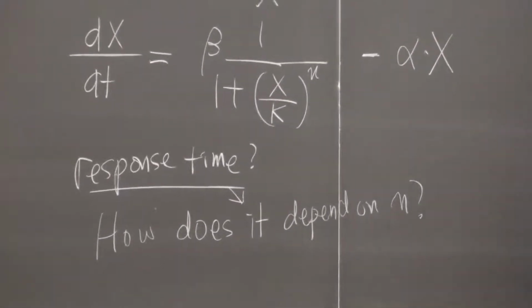Okay, so I want to show that if you make N larger than 1, then response time can become much shorter than the protein degradation time. Okay? So that you can make the response faster by making a more cooperative system here. Okay, let's see how that works.